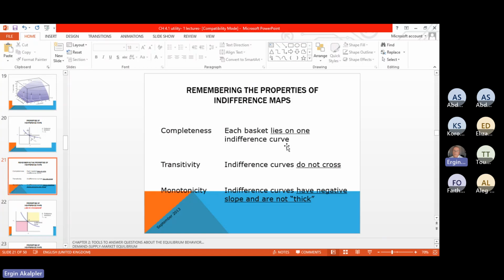Completeness: each basket lies on an indifference curve, as we mentioned. Transitivity: indifference curves do not cross each other, as mentioned. And monotonicity: indifference curves have a negative slope and are not thick, because if it is thick, then it will become a problem, which is going to be introduced to you.